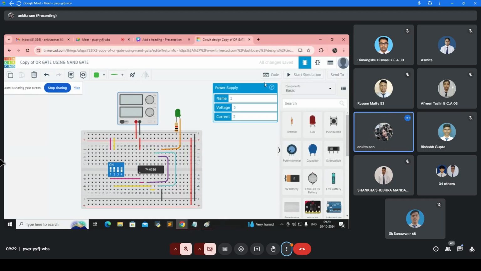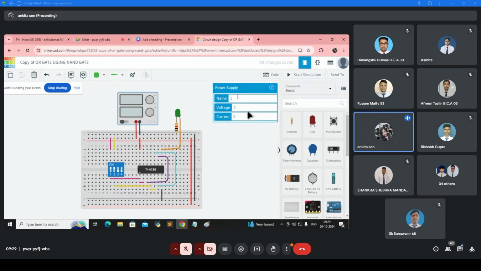This is the same as in the previous classes. If I remember, the power supply was on this side, and I connected the black indicated line to this portion and the red indicated line to this portion. This is another type of design.